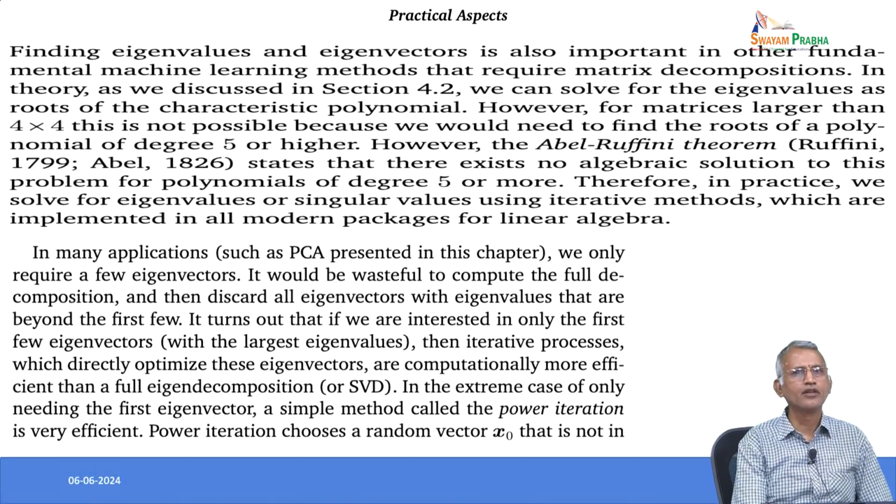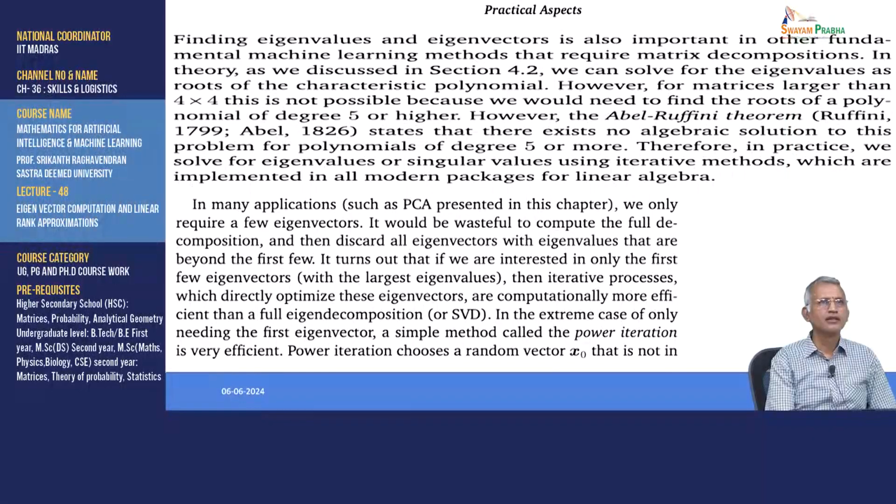Now, we are going to discuss the practical aspects. Finding eigenvalues and eigenvectors is also important in other fundamental machine learning methods that require matrix decomposition. In the theory we discussed, we can solve for the eigenvalues as roots of the characteristic polynomial. However, for matrices larger than 4 cross 4, this is not possible, because we would need to find the roots of a polynomial of degree 5 or higher.